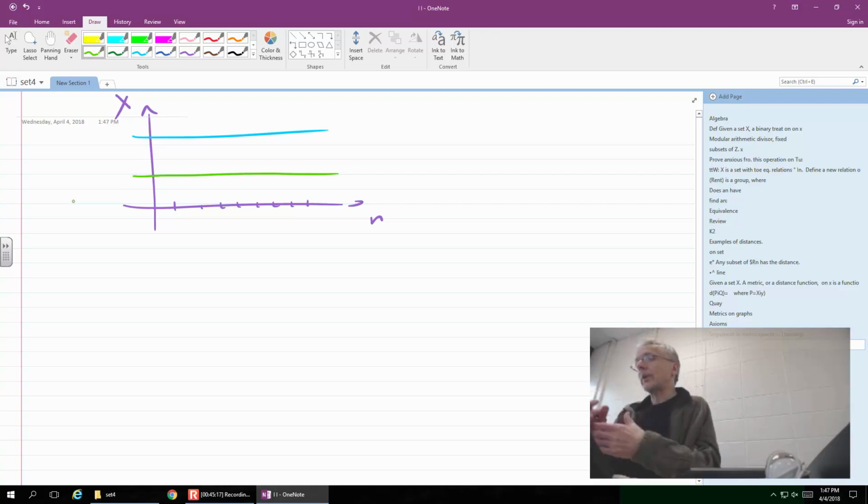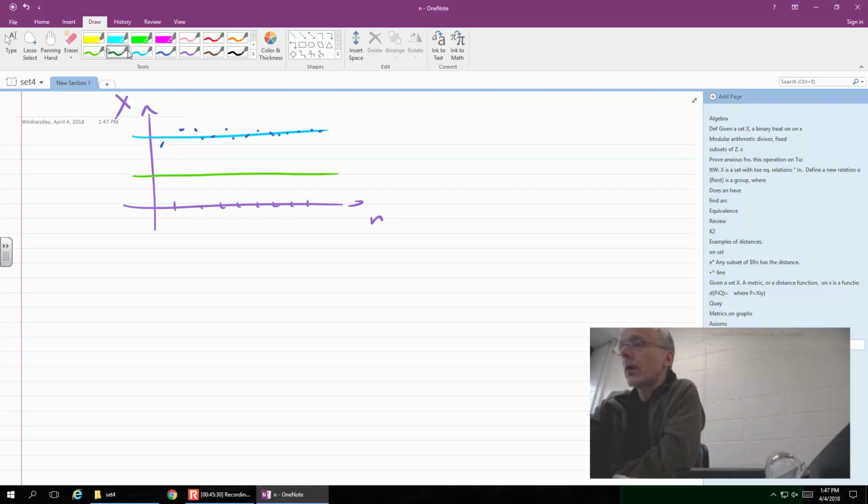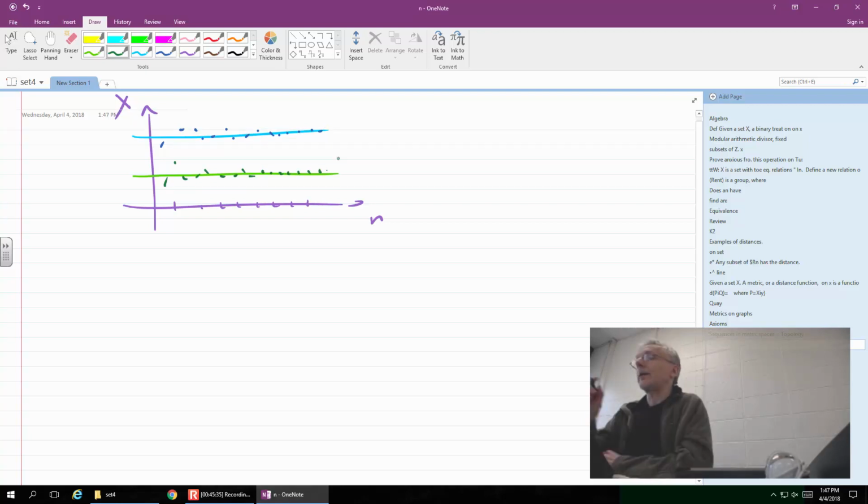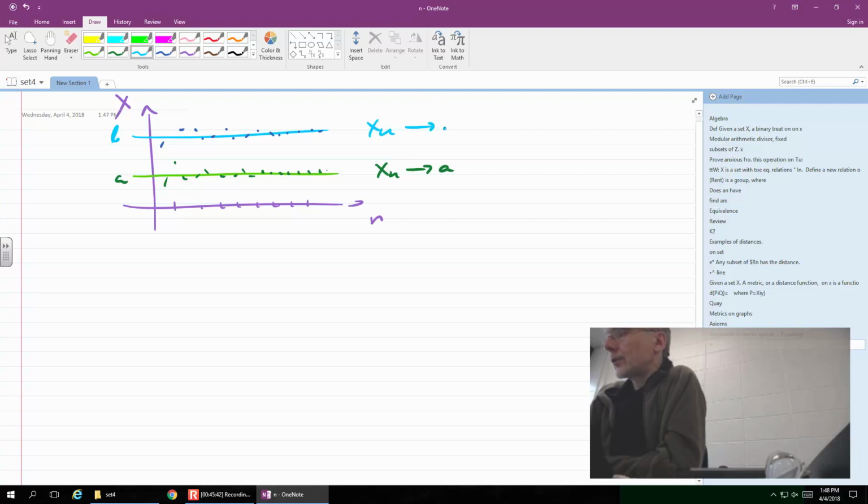They have to stay within a certain distance from these two lines, either like this, that's a convergence for you, or like this, not like that. So here xn converges to A, and this is xn converges to B.